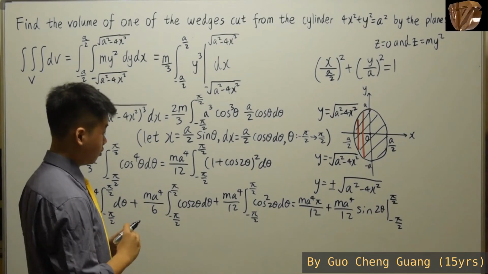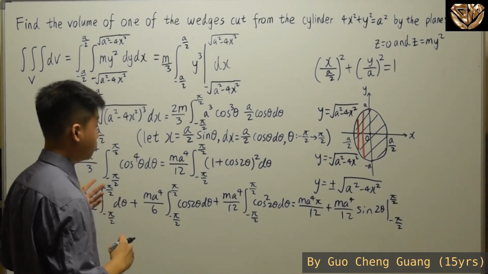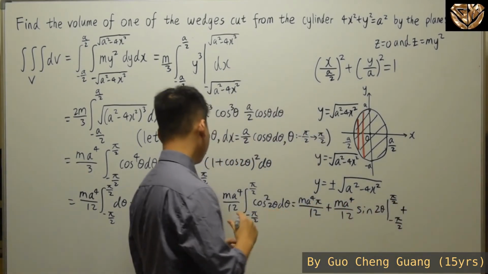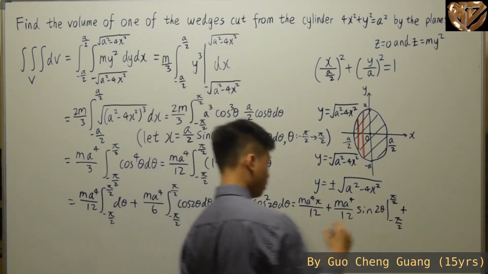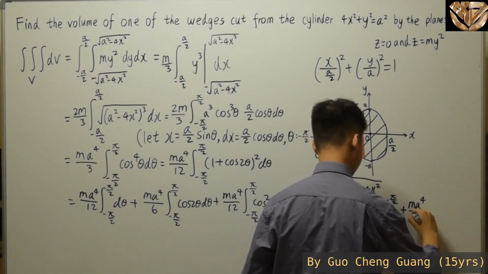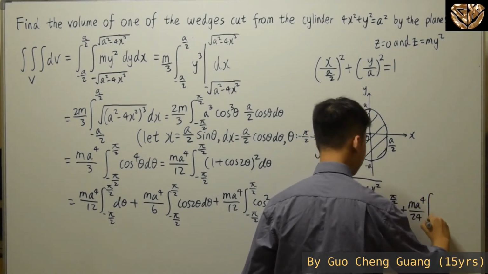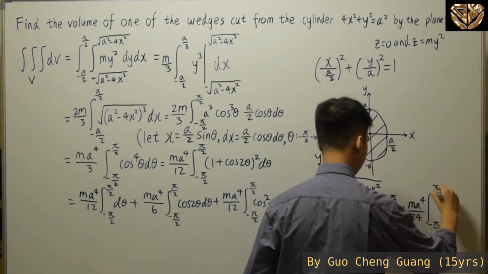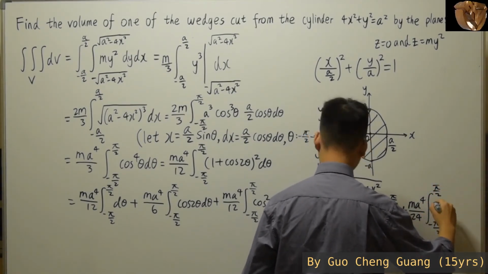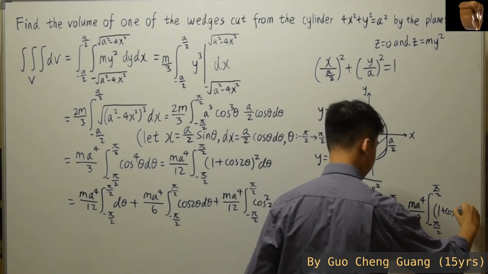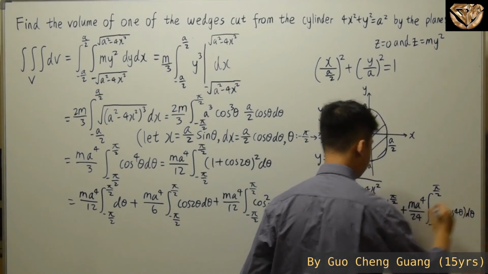Well, for your last term, you'll have to use the double angle formula once again to get plus ma to the power of 4 over 24, integrate from negative half pi to half pi, and then 1 plus cosine 4 theta d theta.